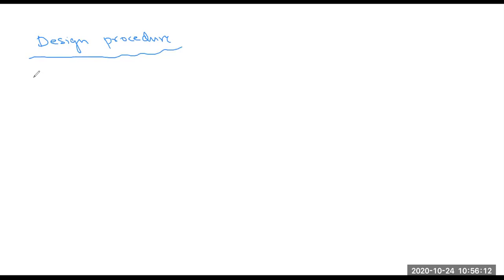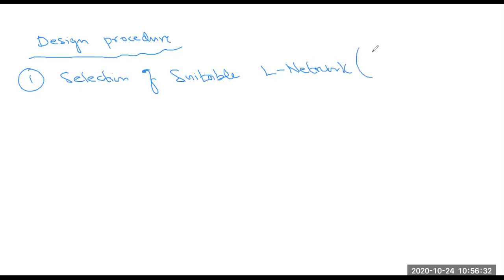So for the L network, there are two tasks. The first one is selection of a suitable L network, which means L network number one or L network number two.